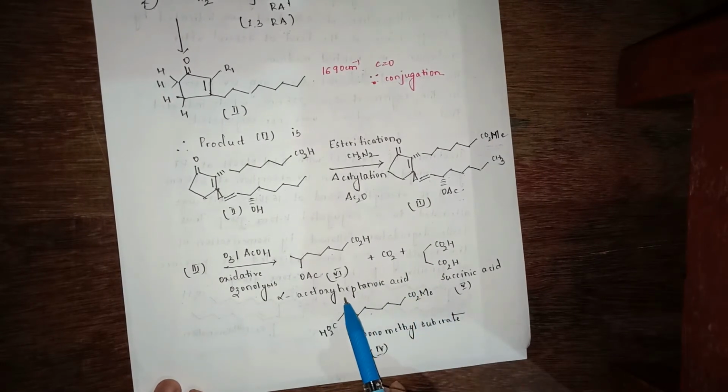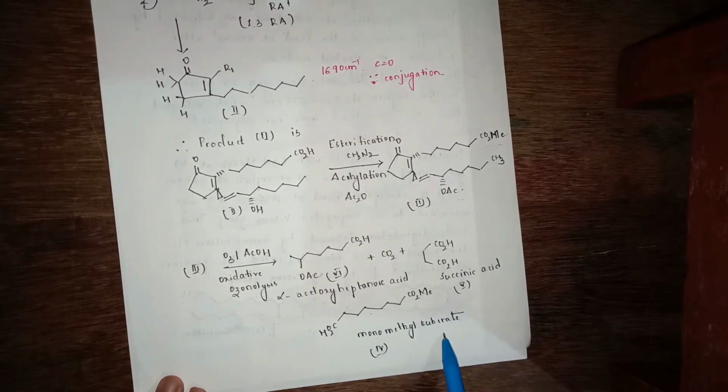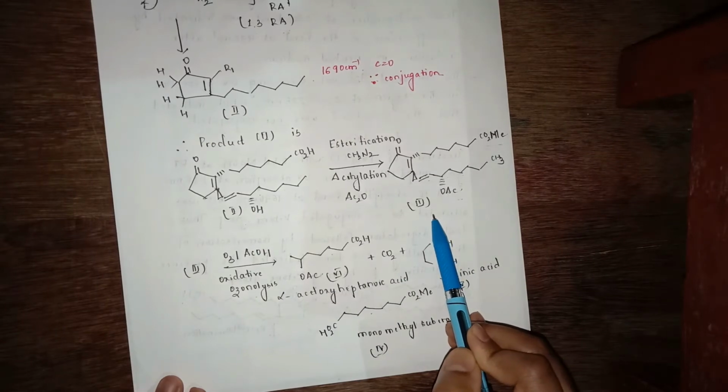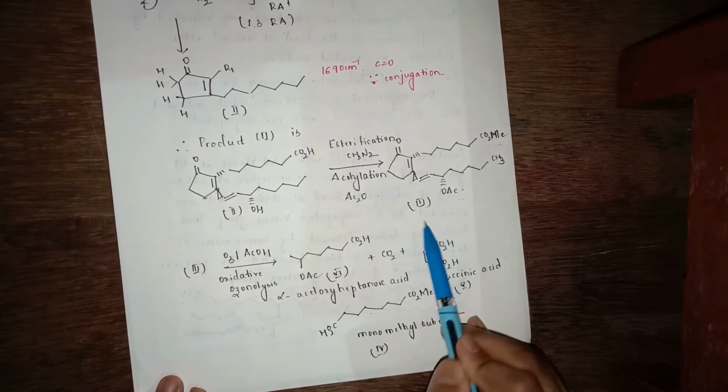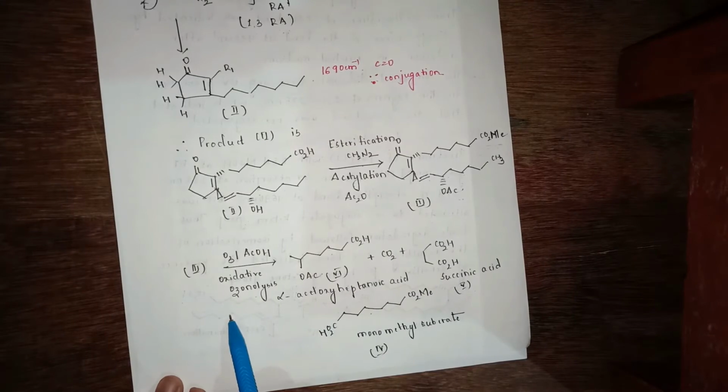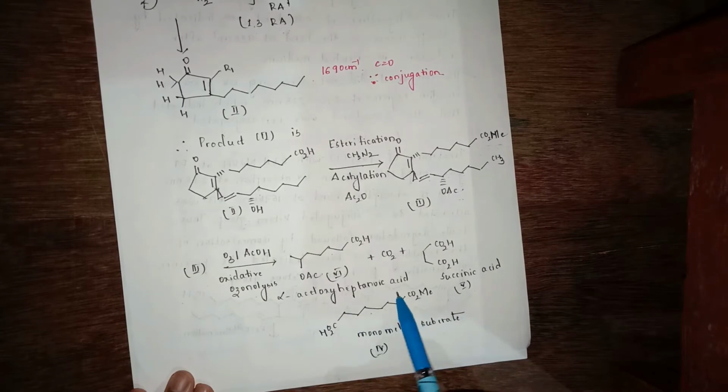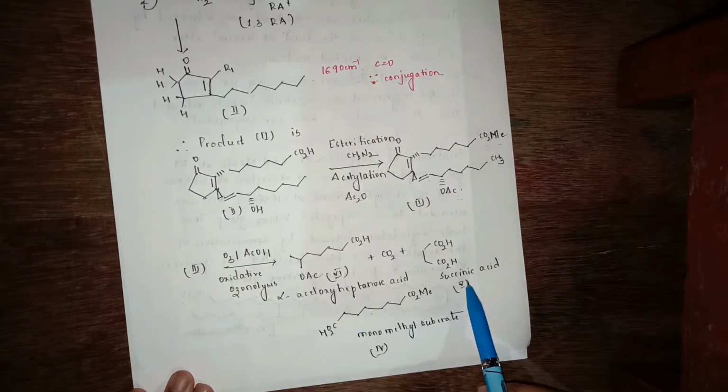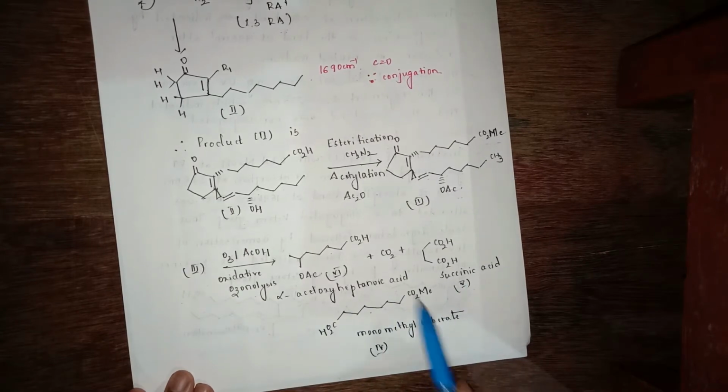One compound is succinic acid, the other is monomethyl suberate, and the other is alpha acetoxy heptanoic acid. So compound number 3, upon oxidative ozonolysis, gave me alpha acetoxy heptanoic acid, succinic acid, monomethyl suberate and carbon dioxide respectively.